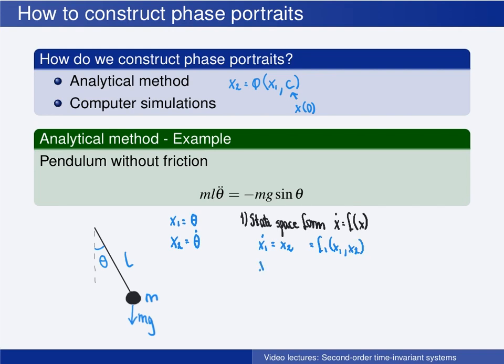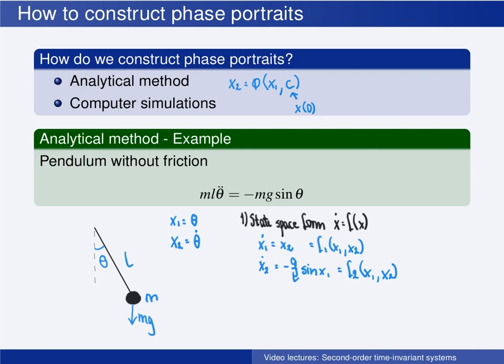And x2 dot equals minus g over L sine x1. And this is then our f2 function, which generally is a function of x1 and x2. So now we have the system in state space form, and we recognize this form from the general state equations that we wrote up earlier for second order time-invariant systems.